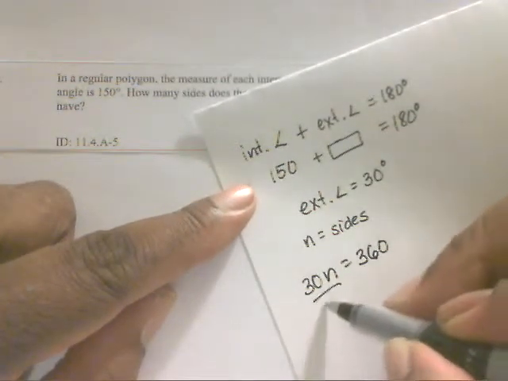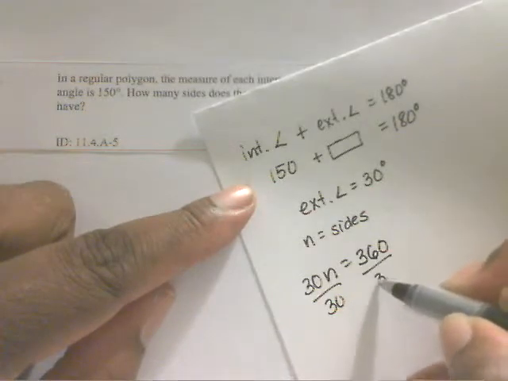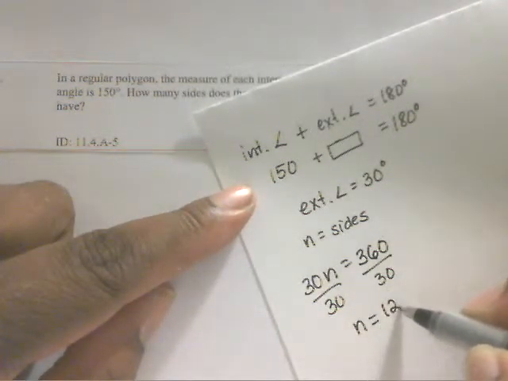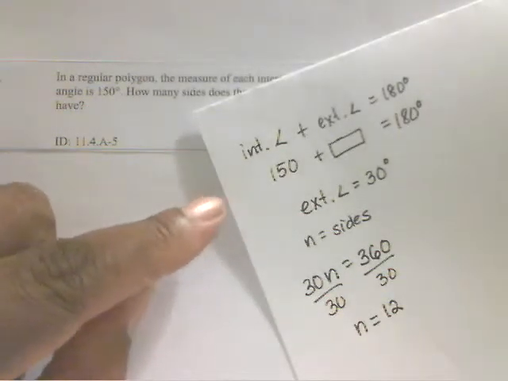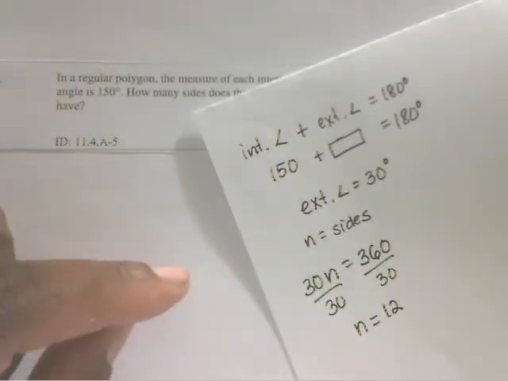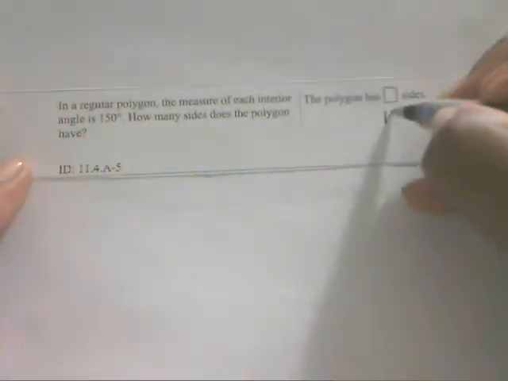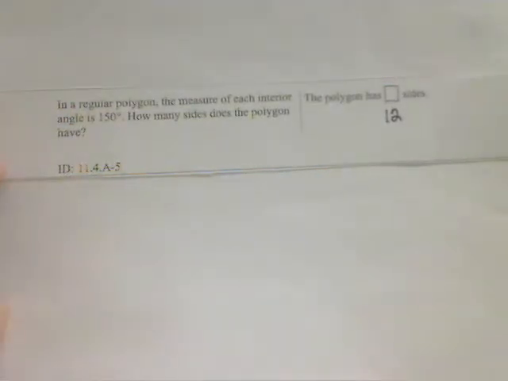And then you're going to divide by 30 to find out what n is. N is going to equal 12. So there are 12 sides in that particular polygon. I should say regular polygon. So the polygon has 12 sides.